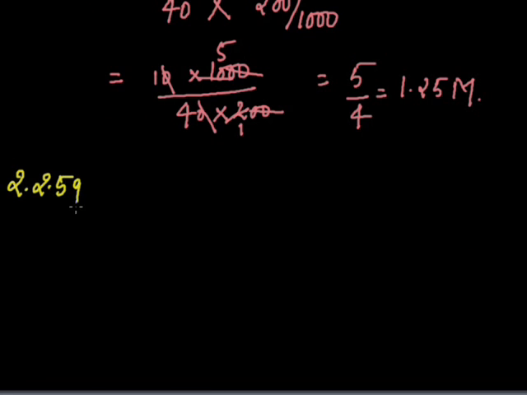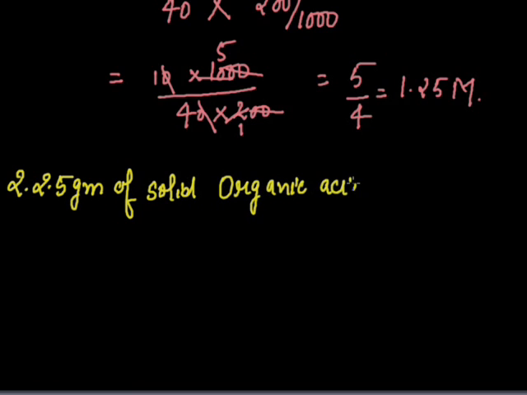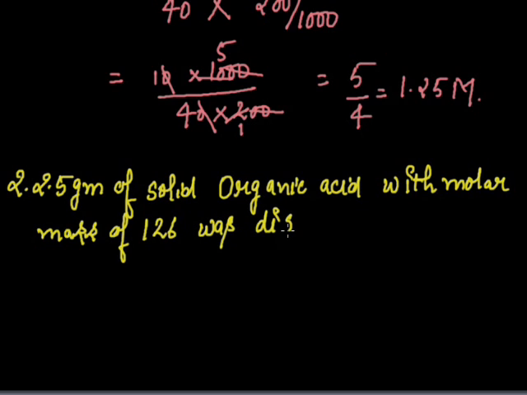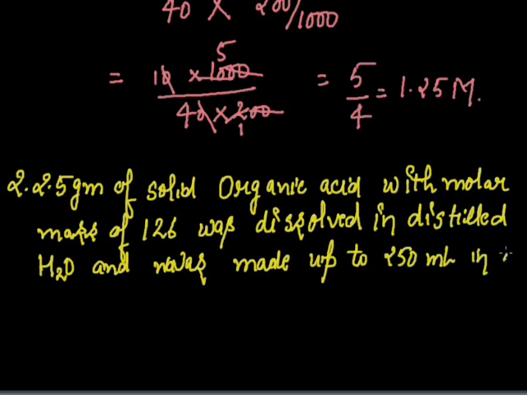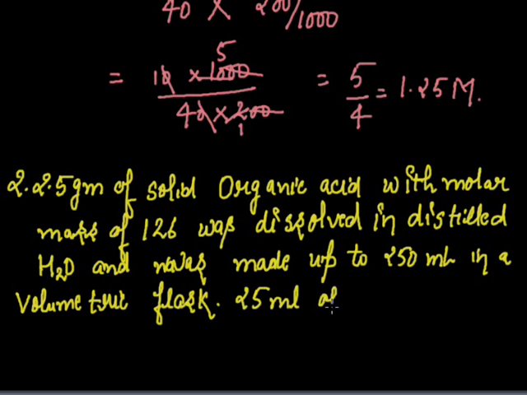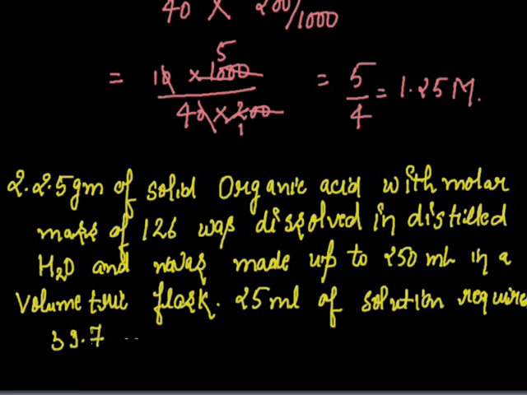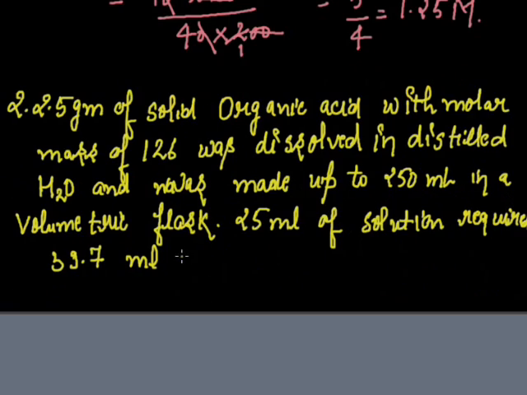The second question is: 2.5 gram of solid organic acid with molar mass of 126 was dissolved in distilled water and was made up to 250 ml in a volumetric flask. 25 ml of solution required 39.7 ml of 0.1 molar NaOH.